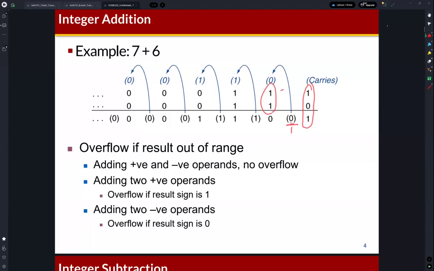This carry is called the carry in, and a carry can also be generated. For this digit, 1 plus 1 is 10 in binary, so the 1 is generated as a carry out. And then this carry needs to be included in the addition for the next digit. It's very simple.